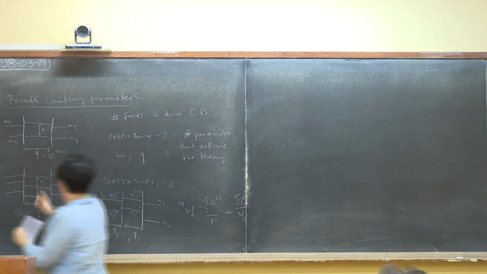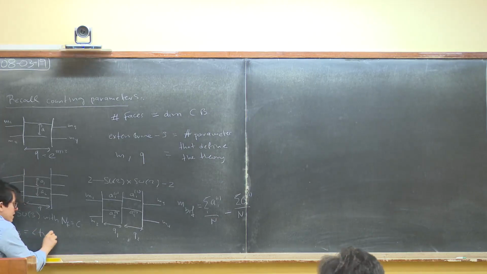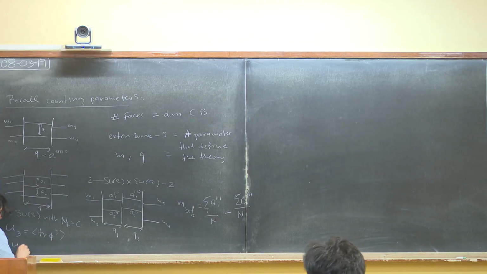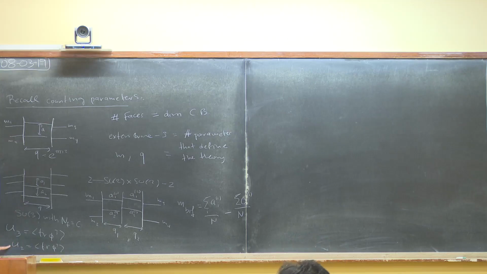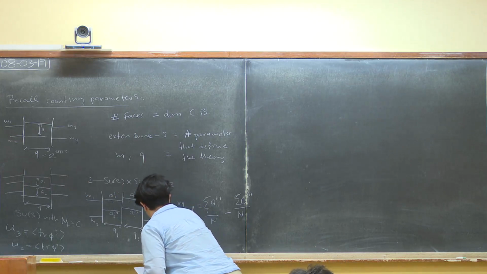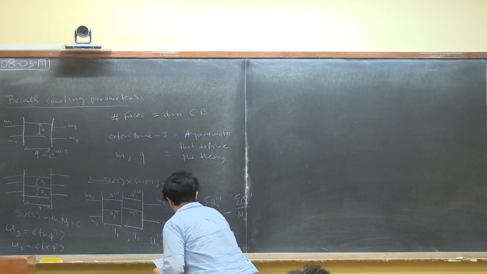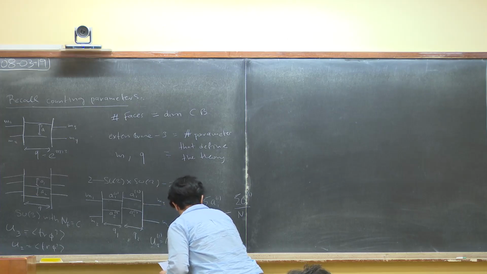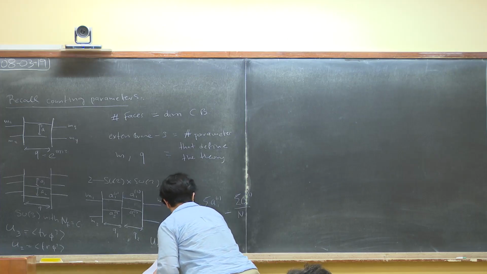Here, let me be very explicit. There will be a U3 that will come from the trace of phi to the third, and a U2 that will come from the trace of phi squared. And these will be the two parameters that will appear in my Seiberg-Witten curve. And here there will be two, let's call them U1, 2, and the same thing, let me put 1, 2 for the two different color groups.